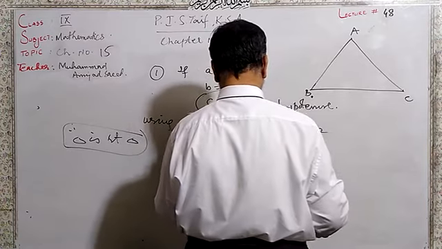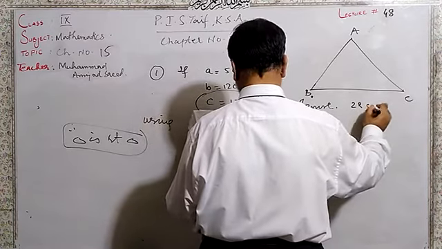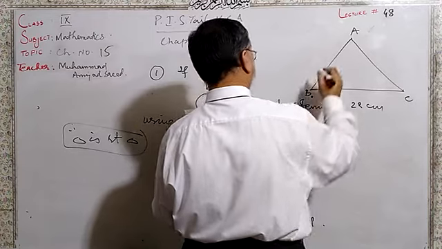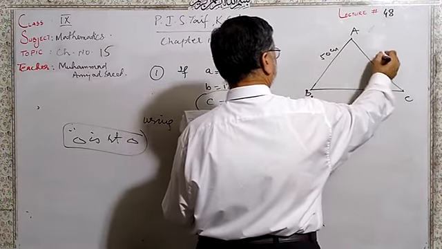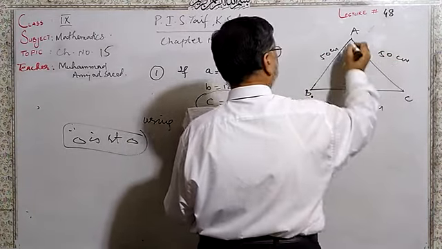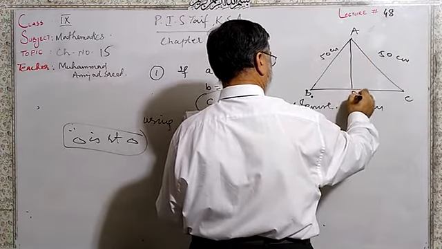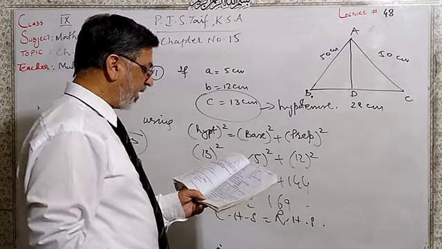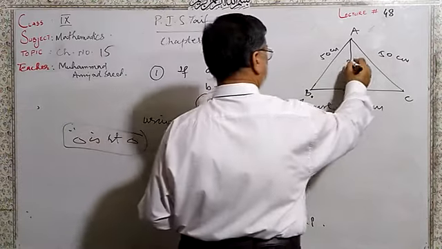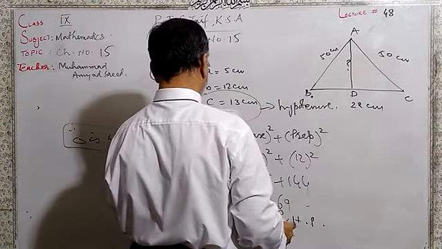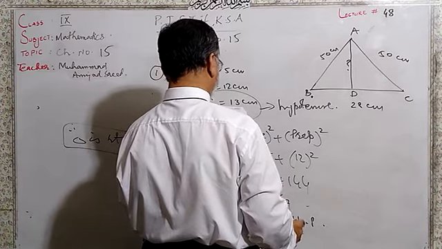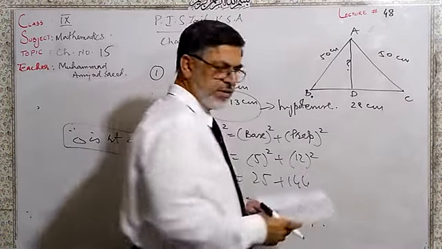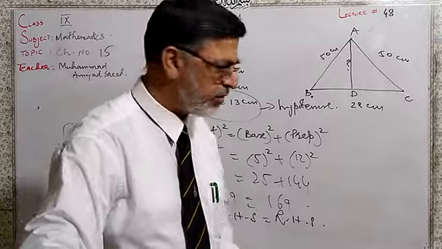Base is BC, which is 28 centimeter. AB is equal to AC, this is 50 centimeter and 50 centimeter. And AD is perpendicular to BC. We have to find the length of AD and the area of triangle ABC. We have to find two things.